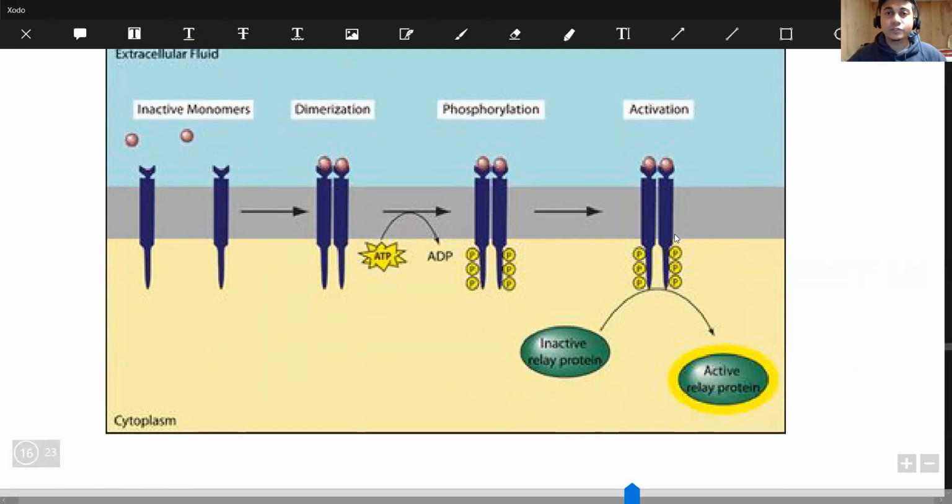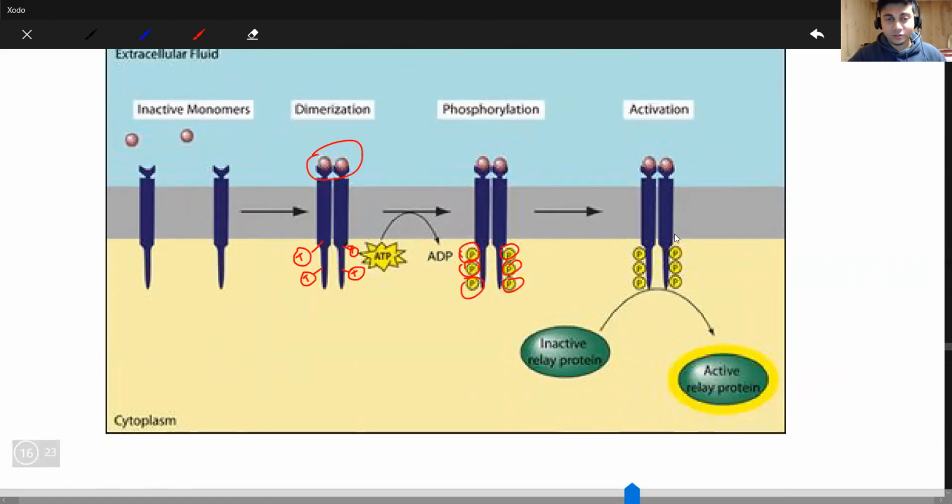Through that tyrosine kinase activity, they phosphorylate some tyrosine residues in their body. If you can imagine that there are some tyrosine residues attached to them. When this receptor binds with its ligands, it stimulates some enzyme intrinsic to it. Those enzymes are called tyrosine kinase.